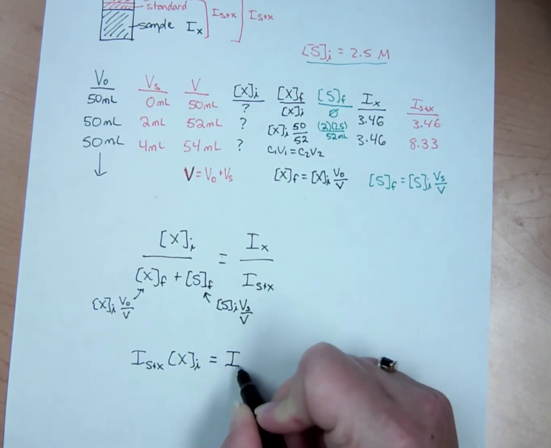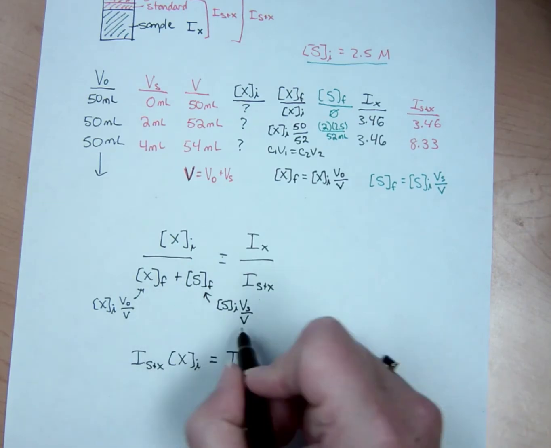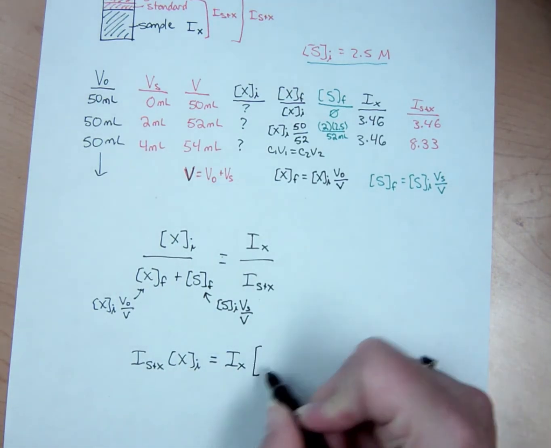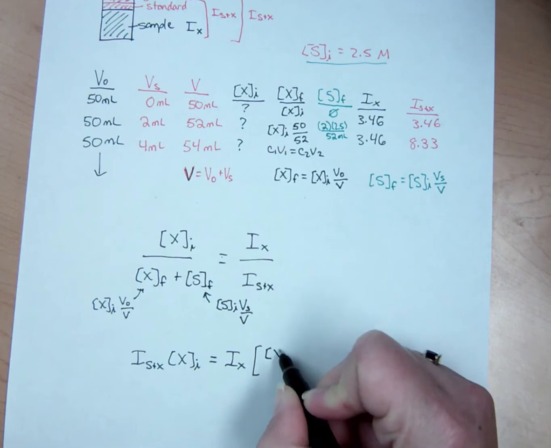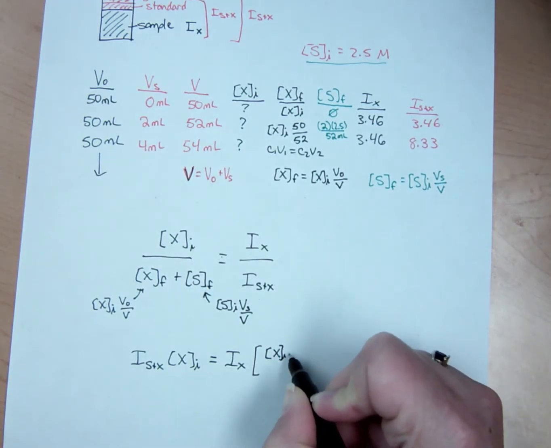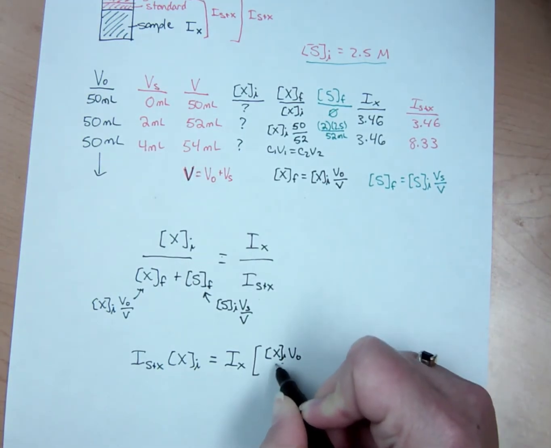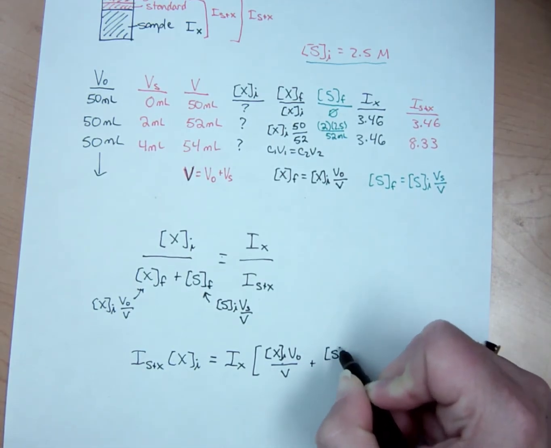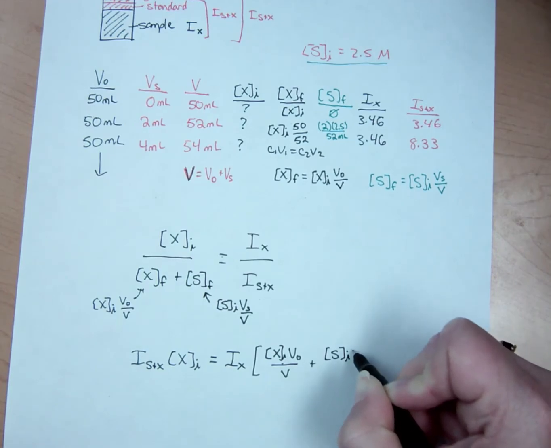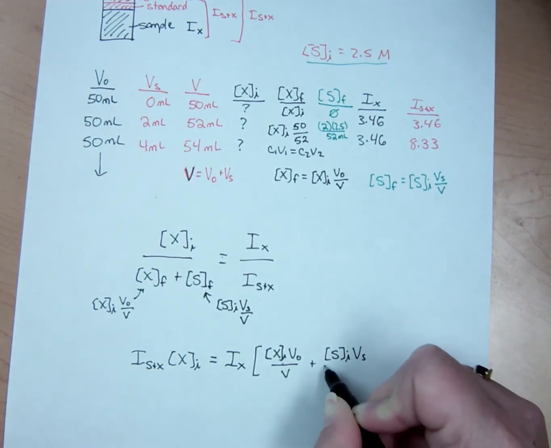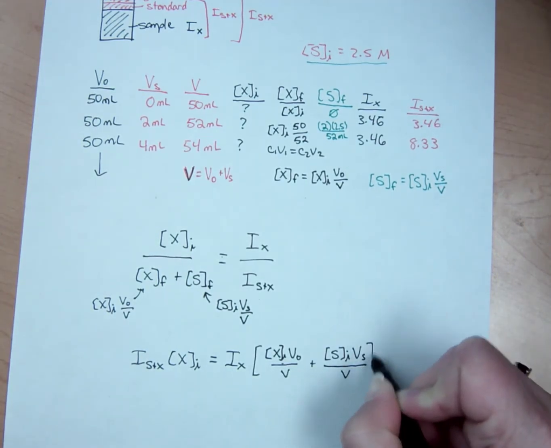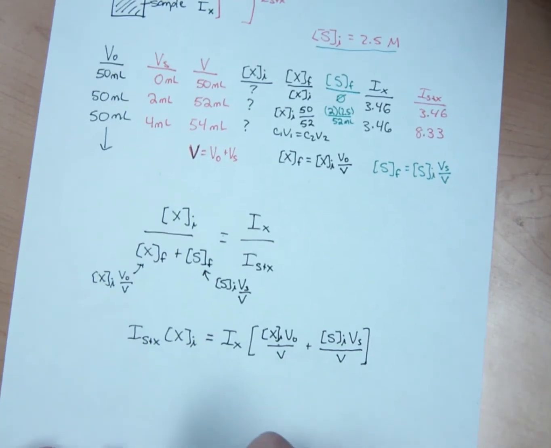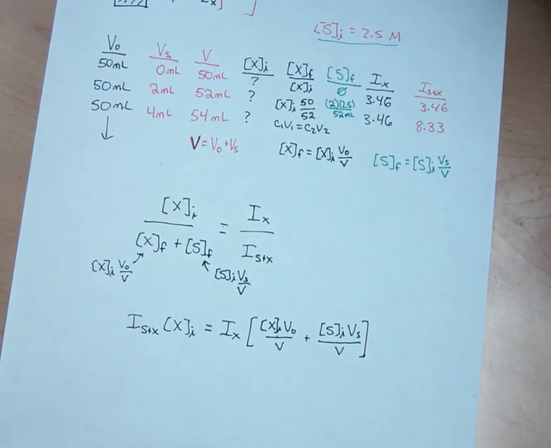On the other side, I have I_X times what's in this denominator, which is concentration of X initially, initial volume over total volume, plus concentration of standard initially, the volume of standard added over the total volume. Okay, so there's that one.